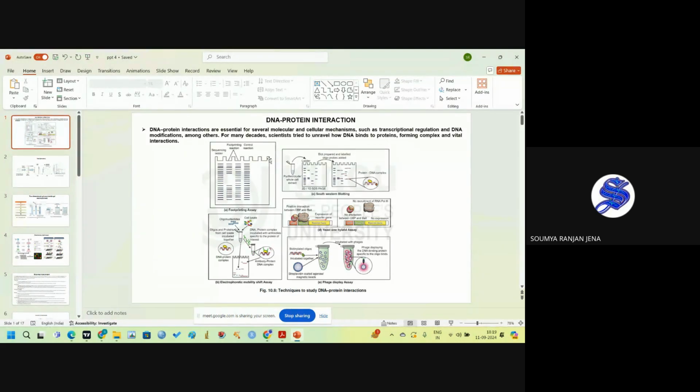How do this DNA and protein interact? Basically, the maximum study of DNA protein interaction is during the transcription process, because of the enhancer and activator. If you put in a new activator molecule, some silenced gene is activated. This activator is a protein.